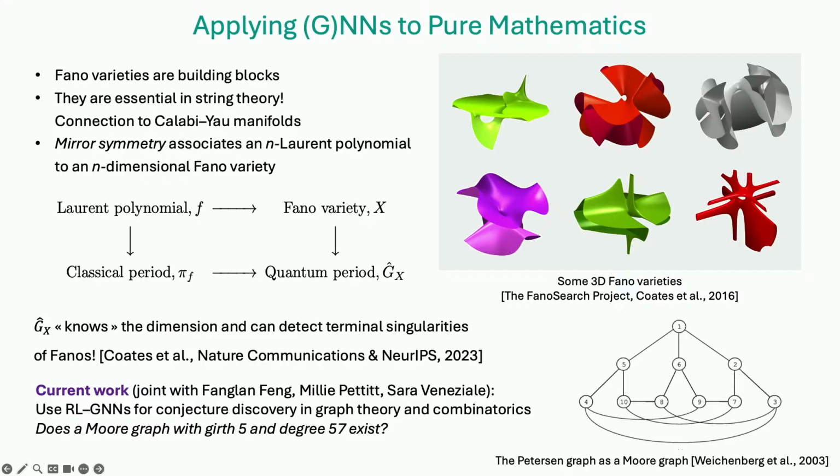And what's known is that there's a theorem from graph theory that says any Moore graph with girth 5, where girth is basically the shortest cycle, it's like a regular graph whose shortest cycle length is more than twice its diameter, has to have degree 2, 3, 7, or 57.